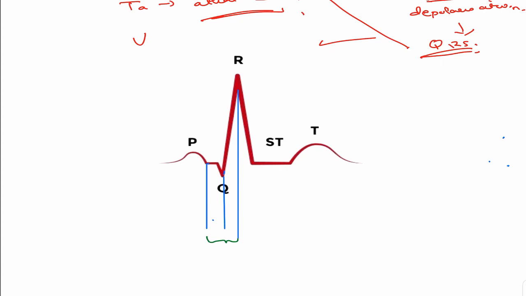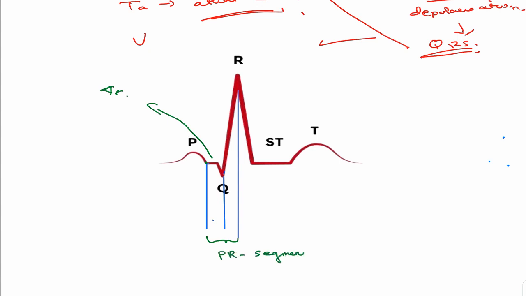It is where the AV nodal depolarization started, because this is the region where AV nodal depolarization starts, at the end of atrial depolarization. So this is the PR segment, very important.